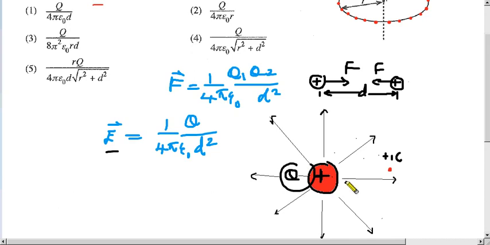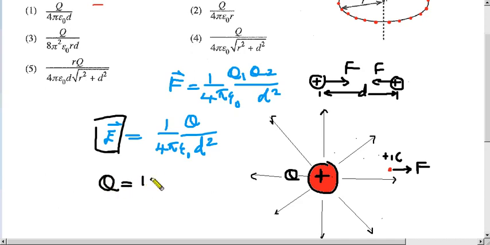By this capital Q, this unit charge is repelled like this, away from capital Q. So the force acting on that unit charge is defined as E. So the value E is, if the Q equals 1 coulomb, the force is known as E.